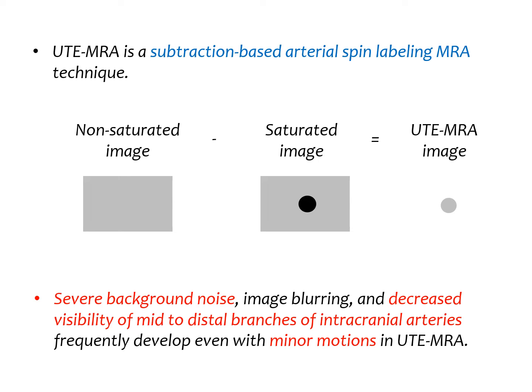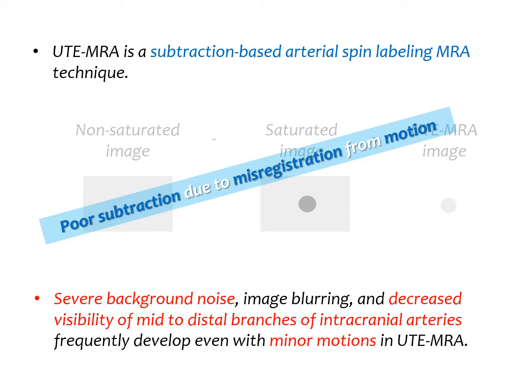UTE-MRA is a subtraction-based MRA technique using two data sets of non-saturated and saturated images acquired using saturation slabs. Severe background noise and image blurring develop even with a minor motion in UTE-MRA if the patient cannot tolerate the relatively long scan time.